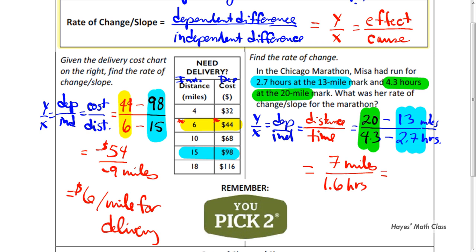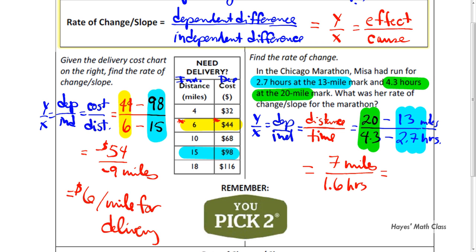And then you can divide this out. So you can pull out your calculator. Did you already get your answer? You should have. So 7 divided by 1.6. Wow, I just hit exponential. That's not good.